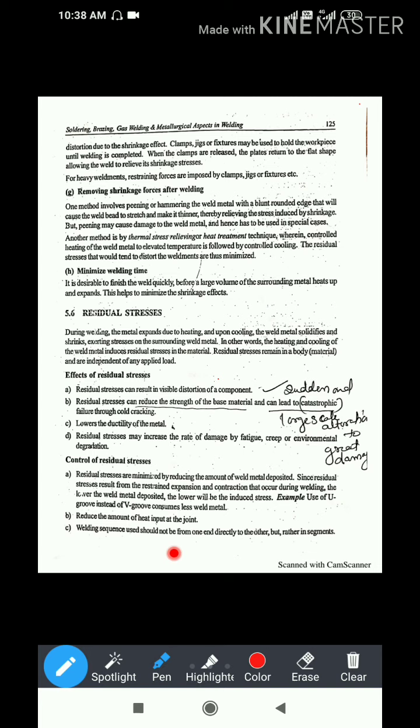Since residual stress results from the restrained expansion and contraction that occur during welding, the less weld metal deposited, the lower the induced stresses. For example, using U grooves instead of V grooves consumes less weld metal.